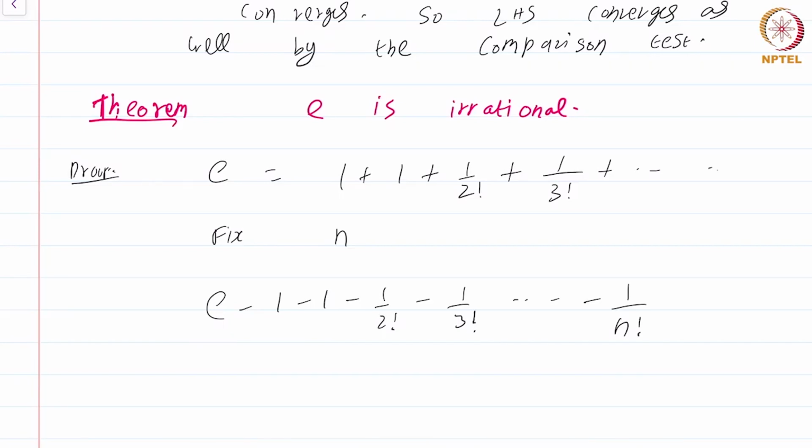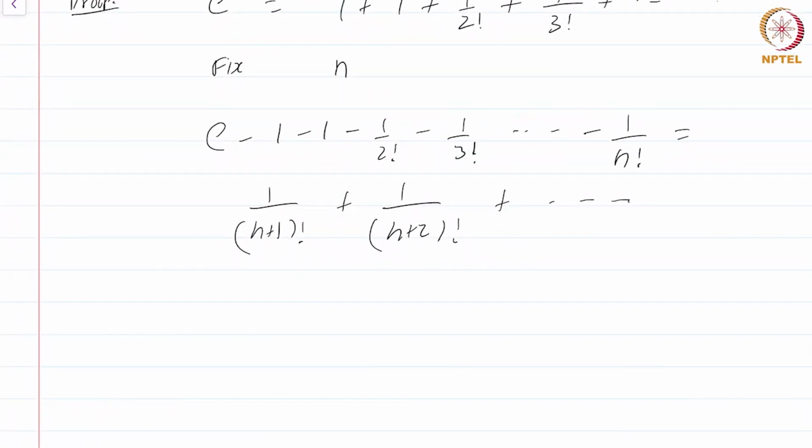Now this is certainly going to be equal to 1 by n plus 1 factorial plus 1 by n plus 2 factorial plus dot dot dot. It's going to be this infinite series. Okay, so clearly this quantity star, which is e minus this, is certainly positive.